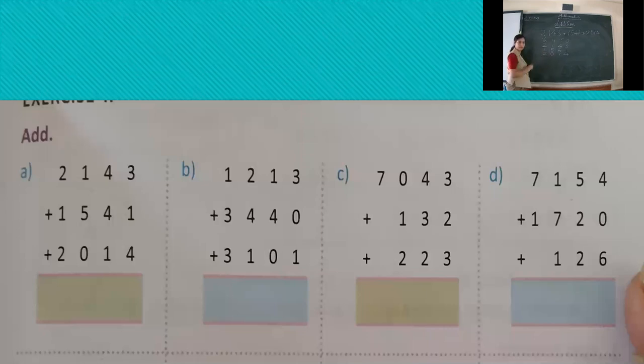So children, I have to write this plus sign since I am adding these numbers. And these numbers which I am adding are known as addends. This also you have done, addends. Okay, there can be 2 addends, 3, 4 like this.